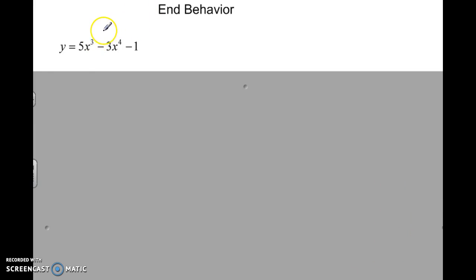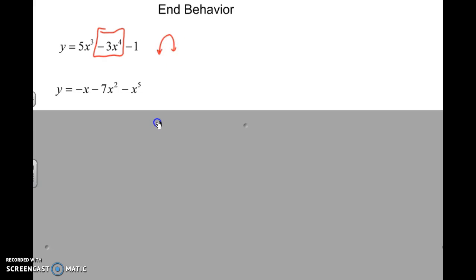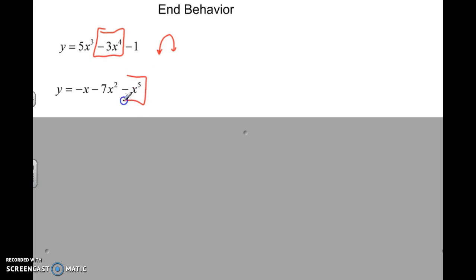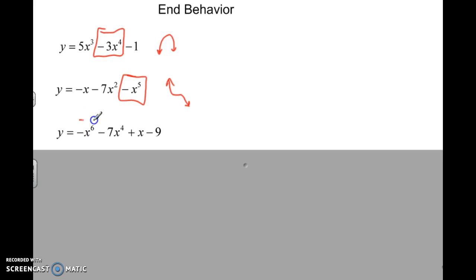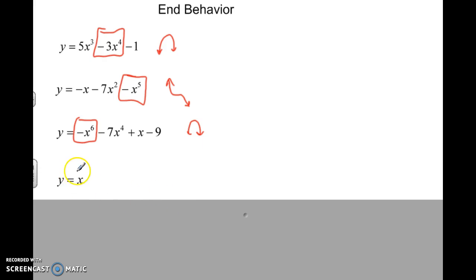So like this one, the end behavior is going to be determined by this term. It has the highest degree. That's negative and even, so it's going to be down, down. This one, the largest degree term is this one, so that's negative and odd, so that's going to be up, down. This one is negative and even, so that's going to be down, down. This one's positive and odd, so that's going to be down, up.